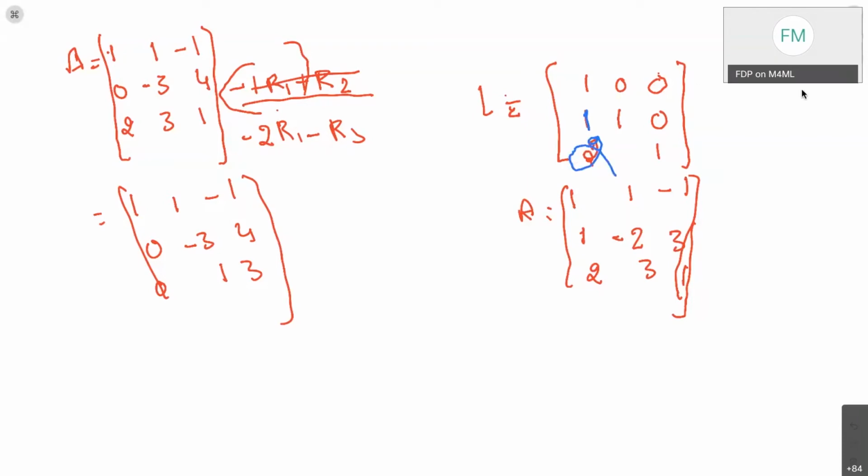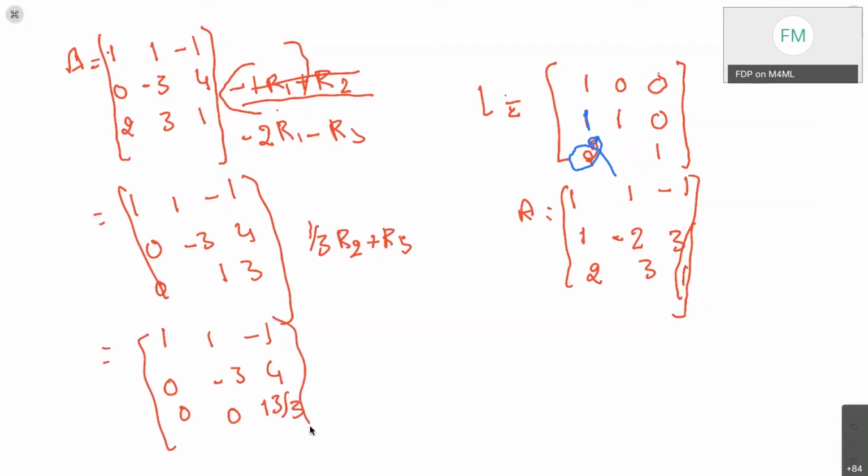Similarly, now by applying 2/3 of R2 plus R3, we will obtain 1, 1, minus 1, 0, minus 3, 4, and 0, 0, 13 by 3. So this is what we'll get.